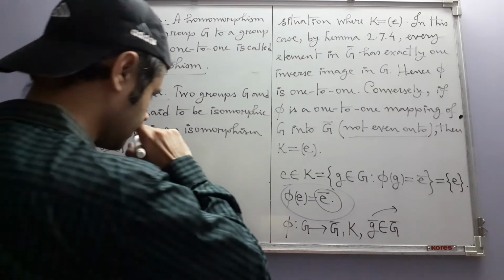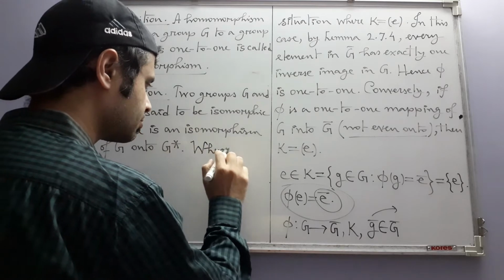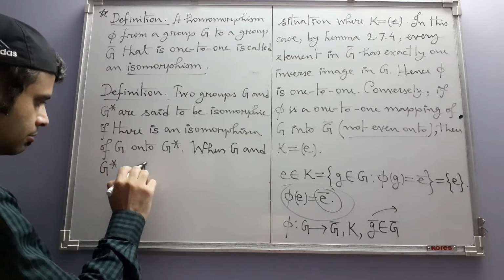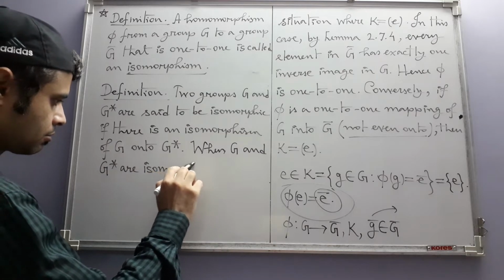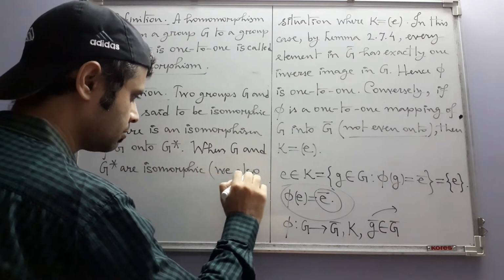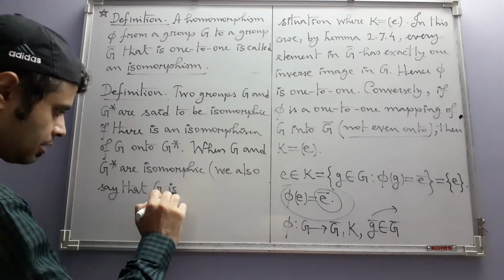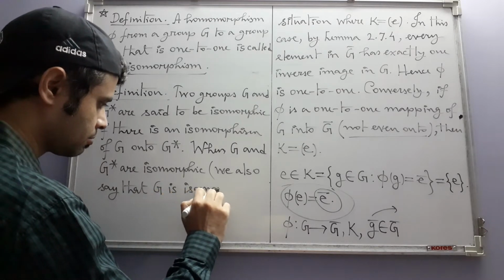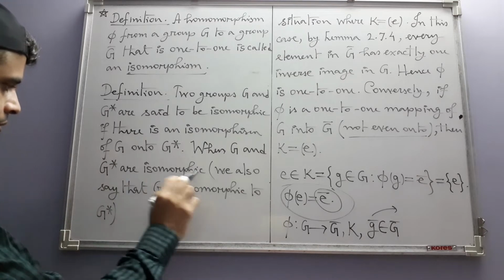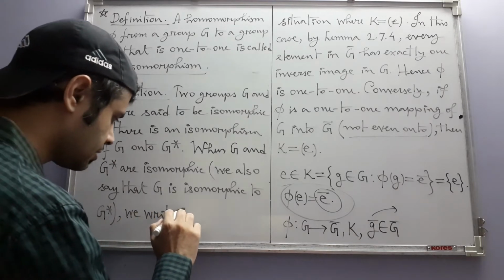Oh, I have to mention that also. When G and G star are isomorphic, let me write in brackets, we also say that G is isomorphic to G star. When they are isomorphic, we express that statement by writing this.